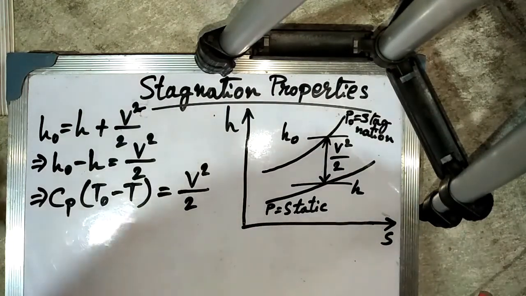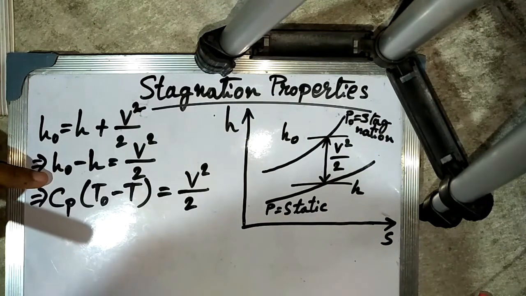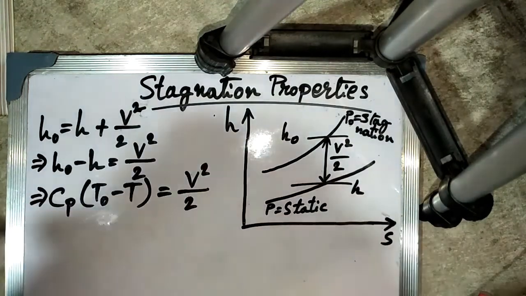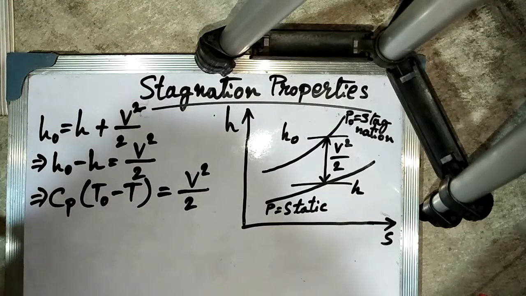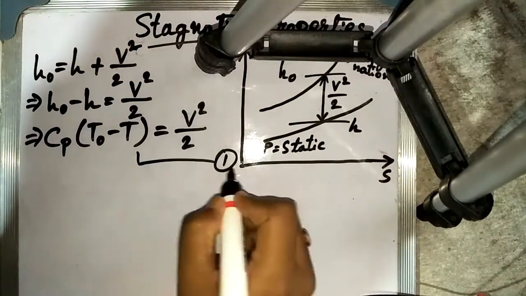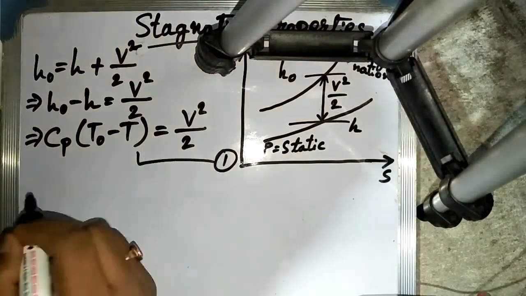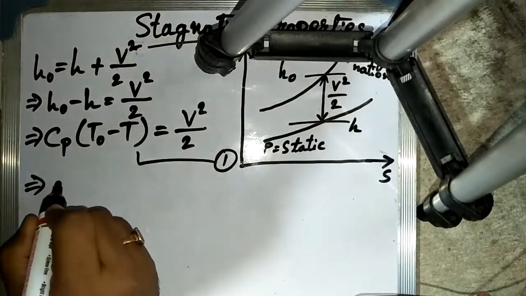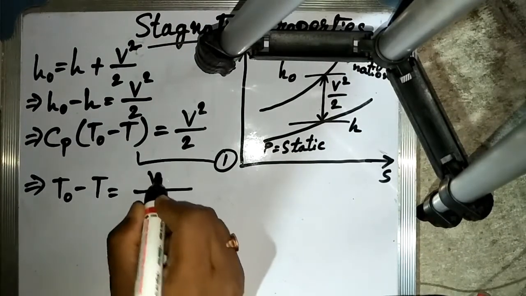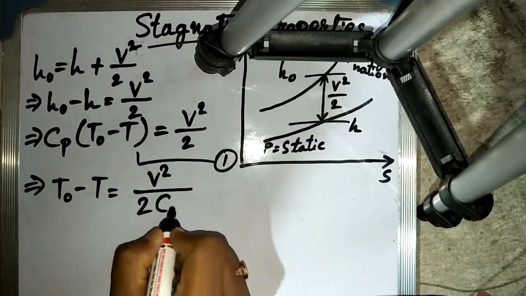So dH is nothing but H0 minus H, which equals Cp into T0 minus T, which equals V square by 2. Suppose this is equation 1. So we can write T0 minus T equals V square by 2 into Cp.